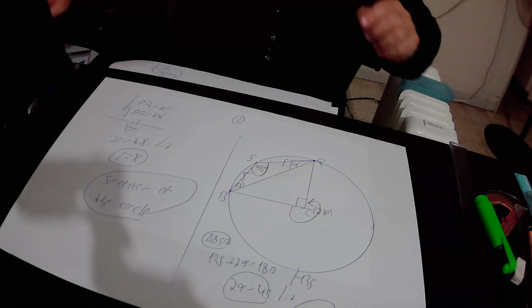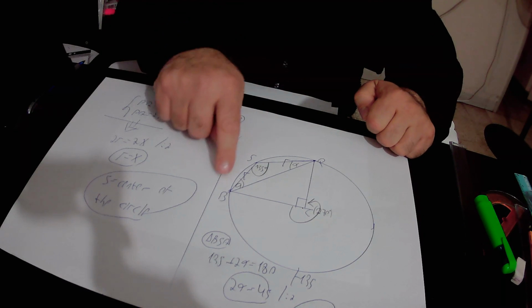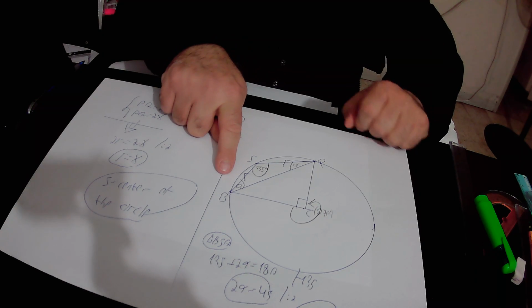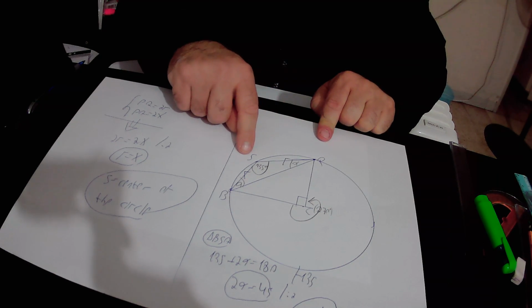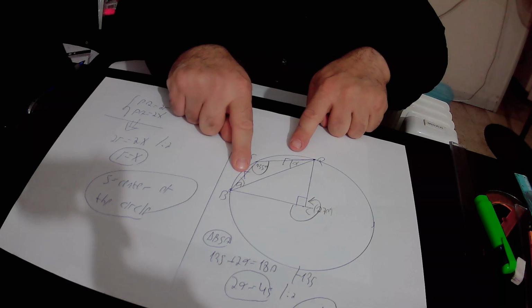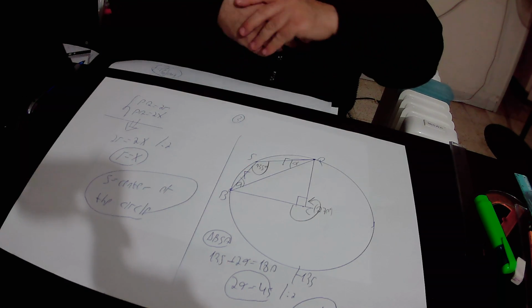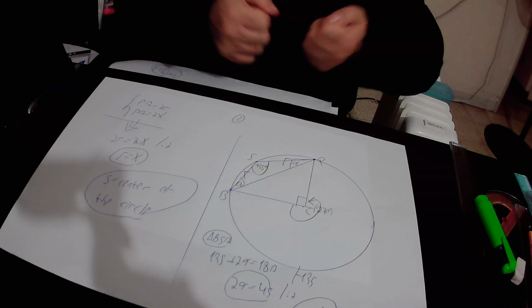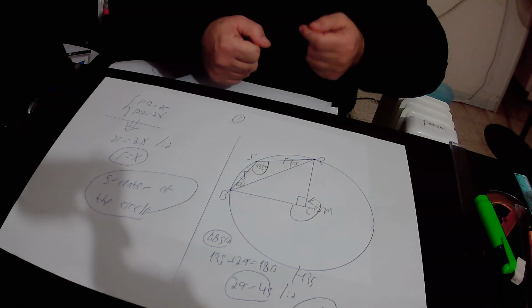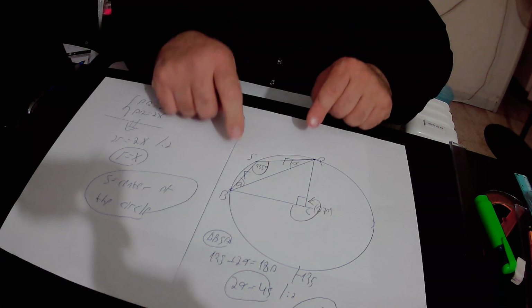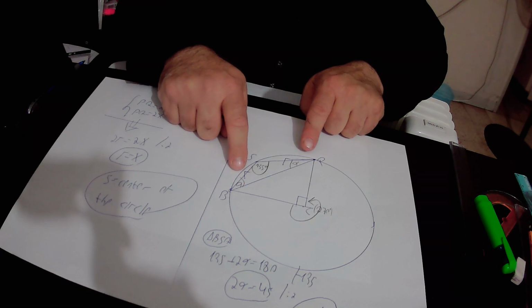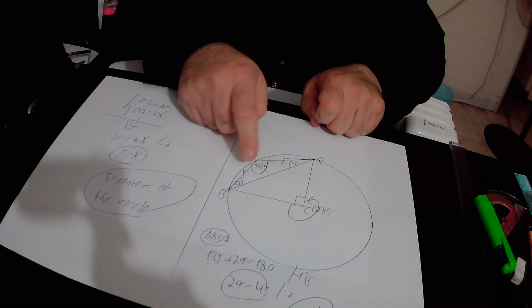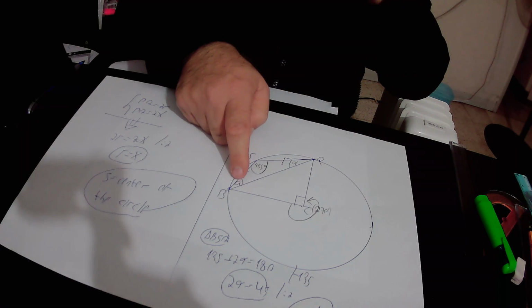So, we focus on triangle QSB. In triangle QSB, we know that QS equals SB. Those two sides are equal to each other, therefore it is actually an isosceles triangle. And we have the rule that opposite equal sides in a triangle there are equal angles. So those two angles that are located opposite those two equal sides must also be equal to each other. So if this angle is alpha, then the other angle must also be equal to alpha.